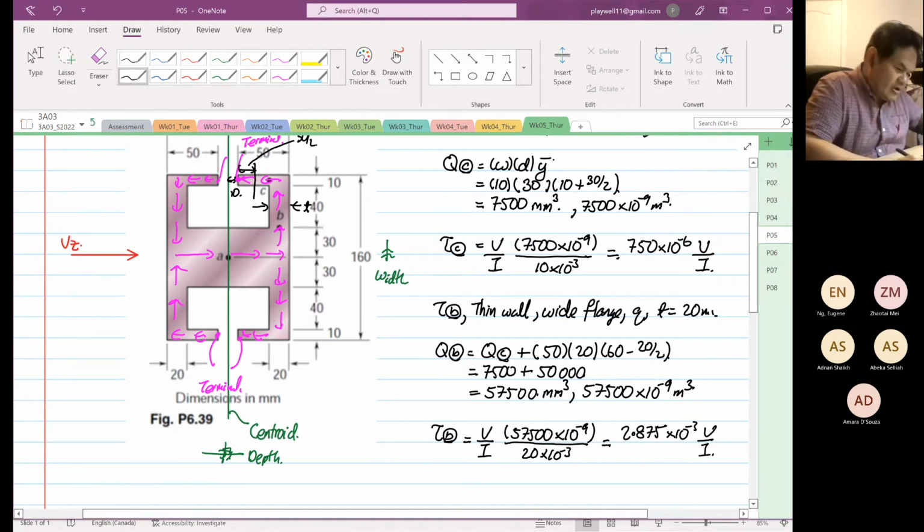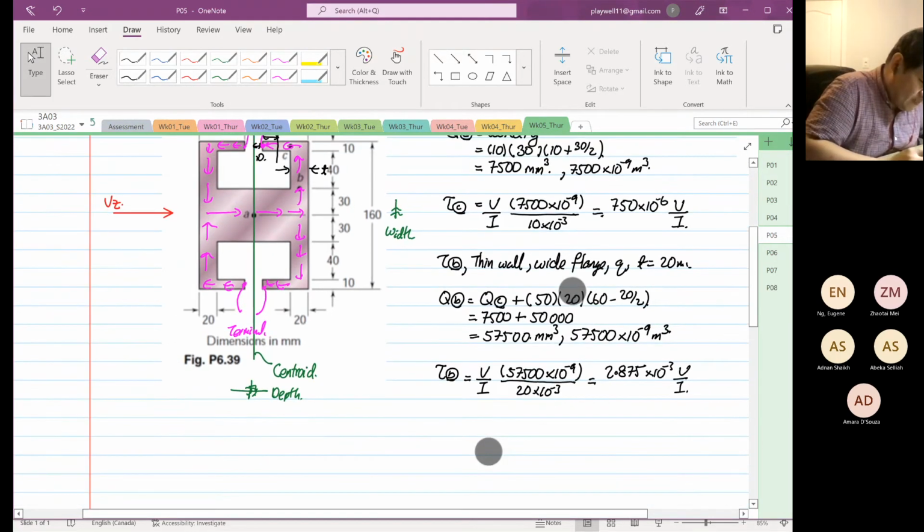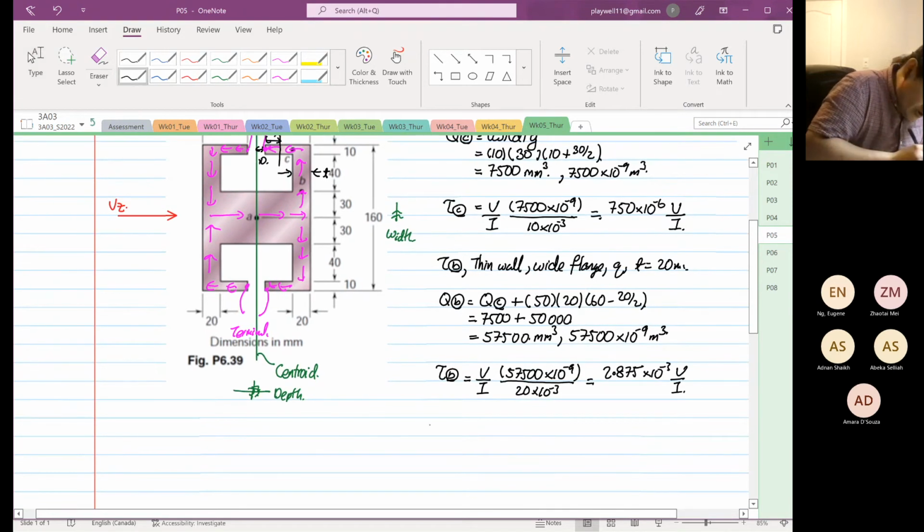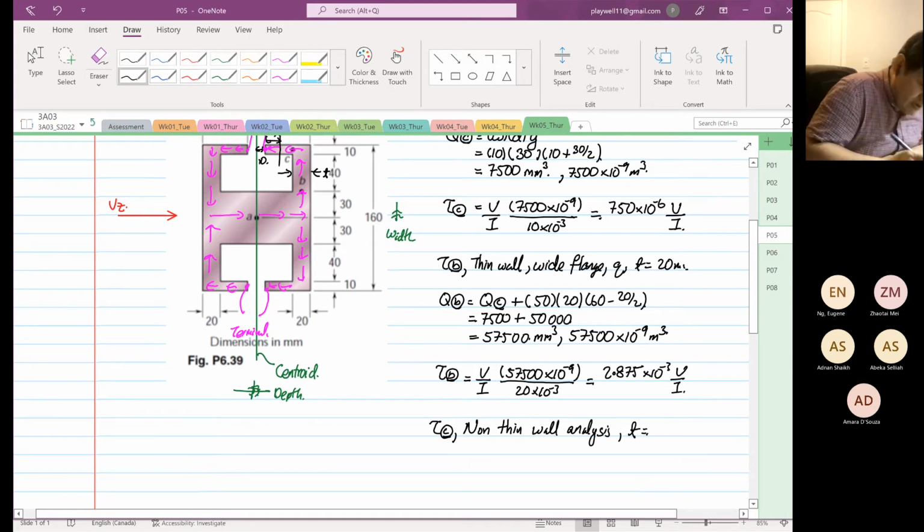Okay, so the last one is we're going to find the shear stress at point C. And this is where we trigger in non-thin wall analysis. Right, now the thickness is equal to 60 millimeters.